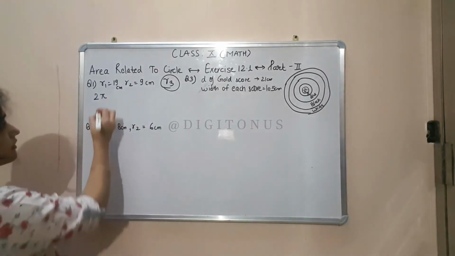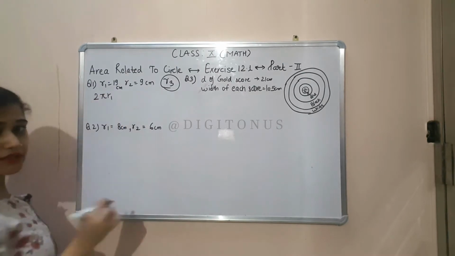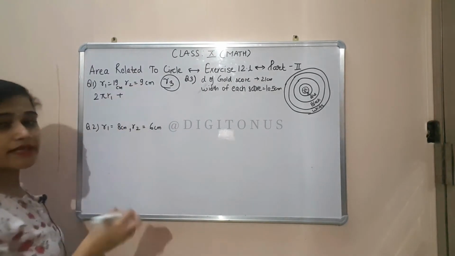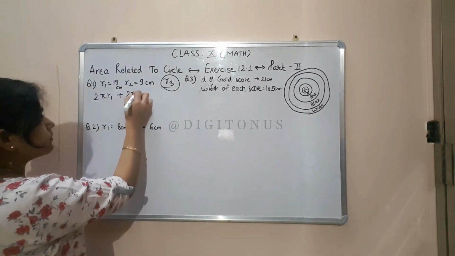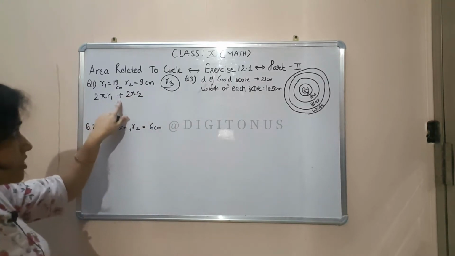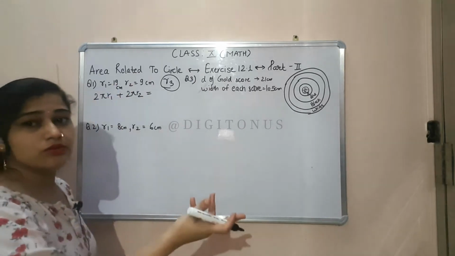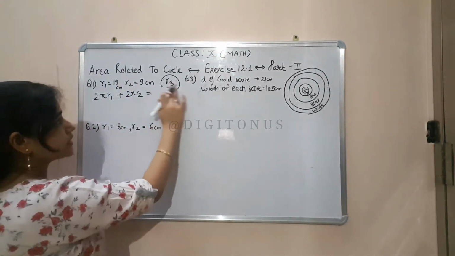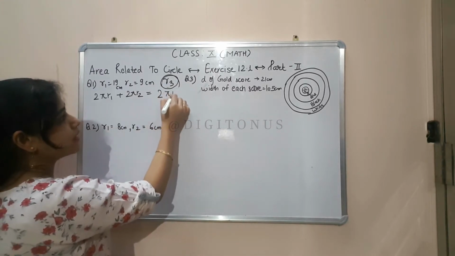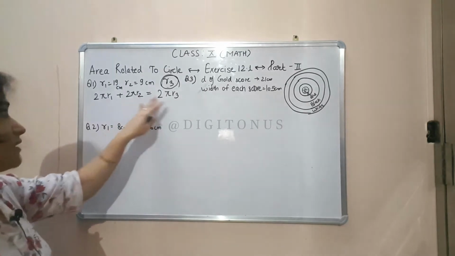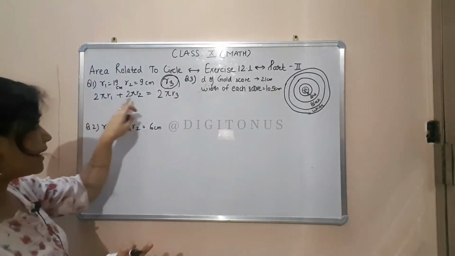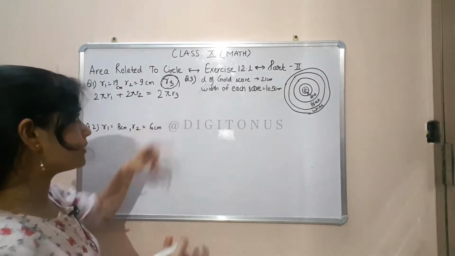So the first circle's circumference is 2 pi R1, because 2 pi R is the formula of circumference, and the second circle's circumference is 2 pi R2. These two circumferences added are equal to the circumference of the new circle, whose radius we denote by R3. So this is equal to 2 pi R3, because the whole question is about circumference. So 2 pi R1 plus 2 pi R2 is equal to 2 pi R3.